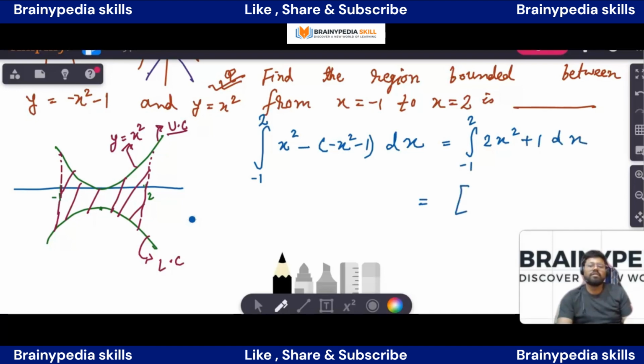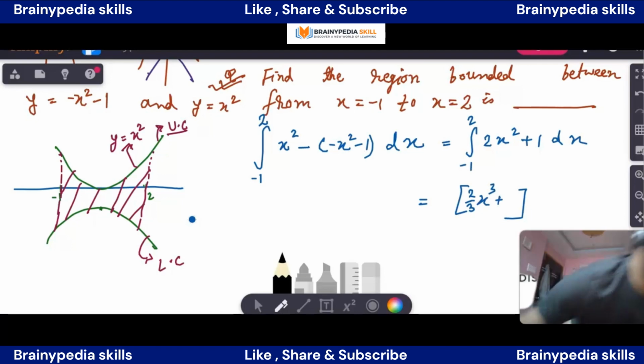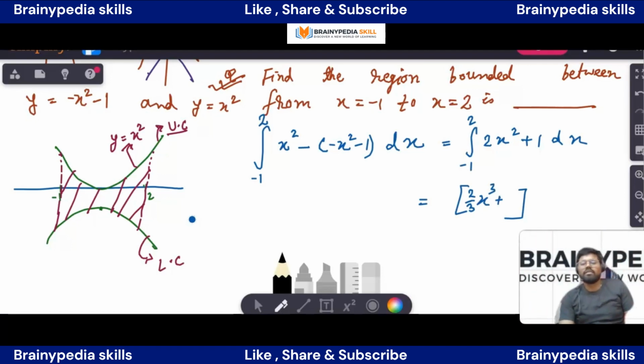And then 2 by 3 x cube plus x, limiting from minus 1 to 2. Okay, and you need to calculate the value.